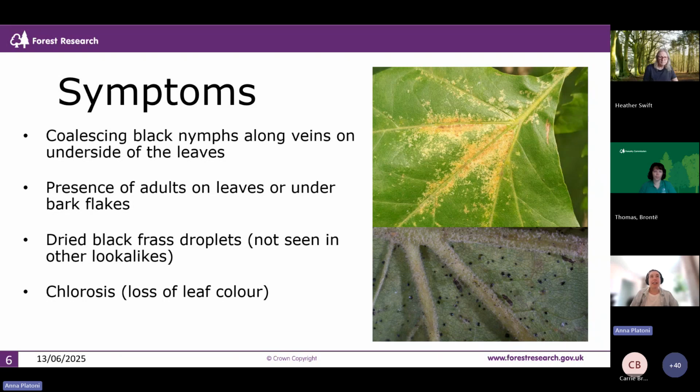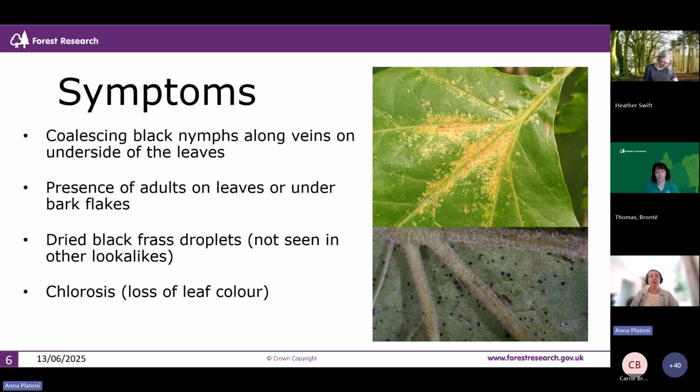And there are lookalikes to this pest. There are some leafhoppers that will cause similar looking damage to what we'll talk about, but none of them produce these black frass droplets. If anyone's ever had thrips on their houseplants at home, they produce very similar looking black frass spots.